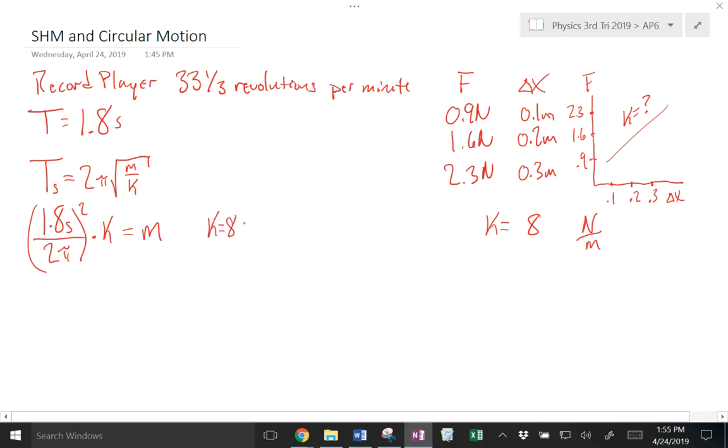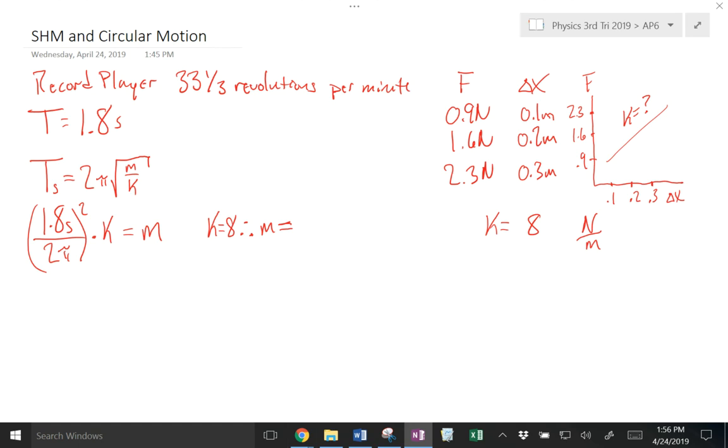K is 8, so how much mass do we need to oscillate? Get a number, double check it with your neighbor.